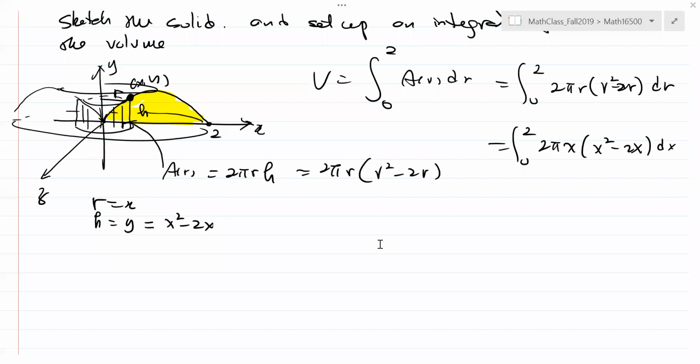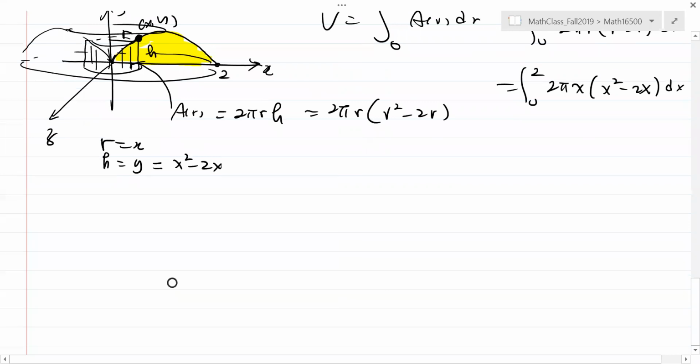Why not? You can use disks to cut it. Let's try to use disks to cut it.